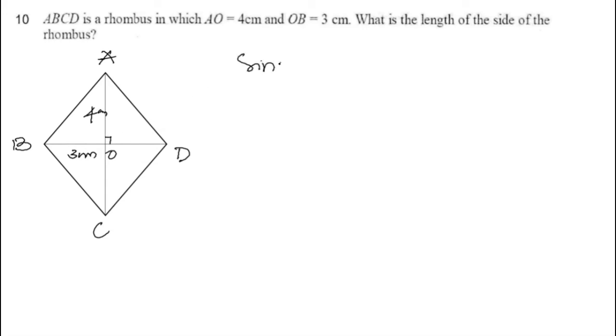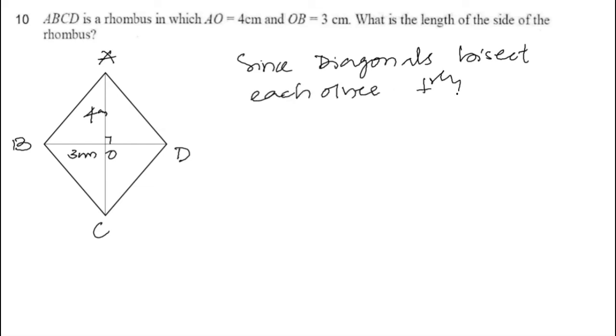Since diagonals bisect each other perpendicularly, we have angle AOB equal to 90 degree.